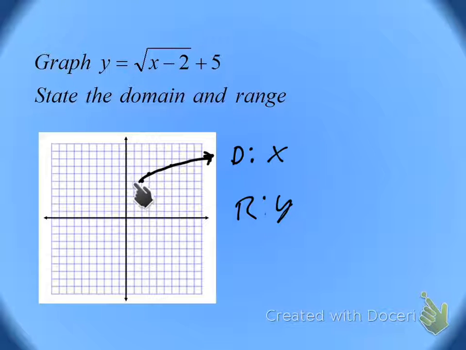We can't use 1 or 0. So greater than or equal to 2. Y's start where? Greater than or equal to 5. Good. Is that all you have to know? That's it.